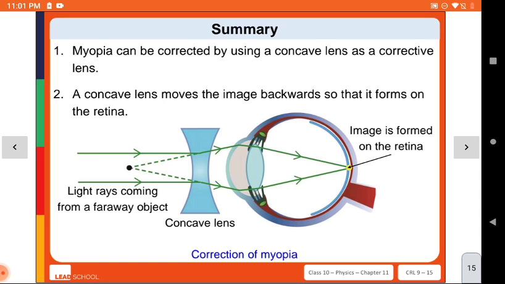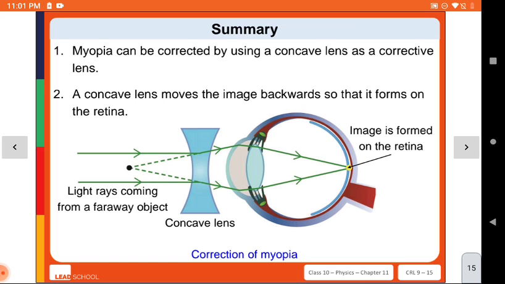Again we summarize the topic: correction of a myopic eye. First of all, what do you mean by myopia? When a far object cannot be seen clearly by a human eye, that is known as myopia. What is the reason the object is not seen clearly? The image is formed in front of the retina but not on the retina, so the far object is not seen clearly.